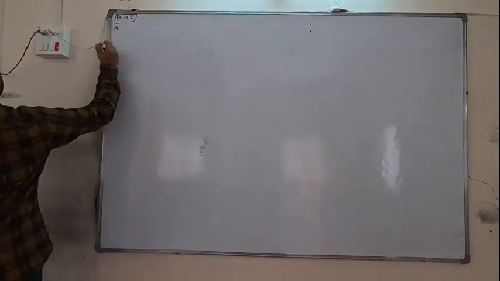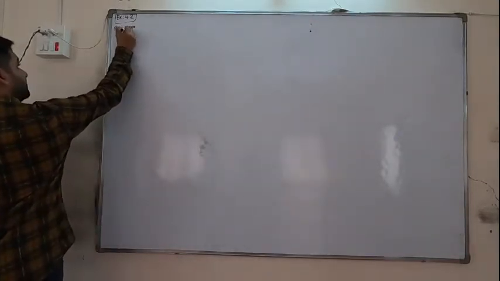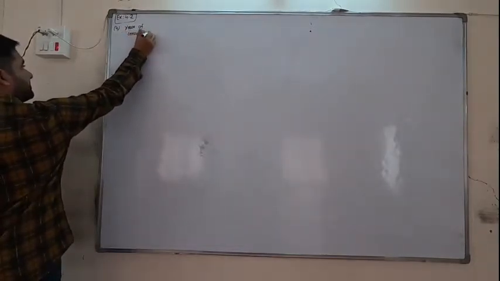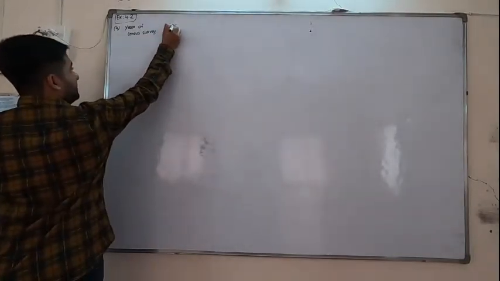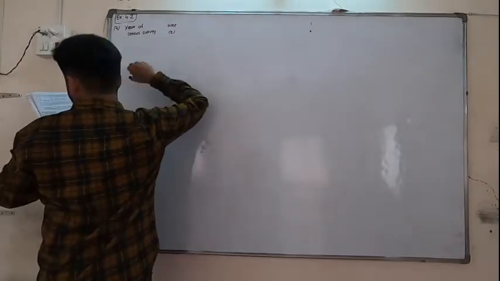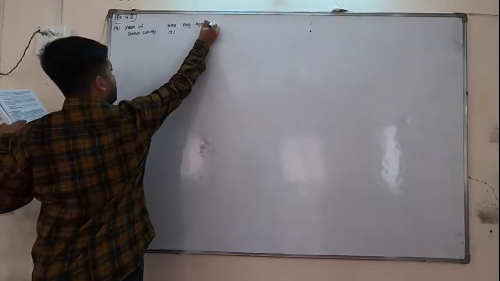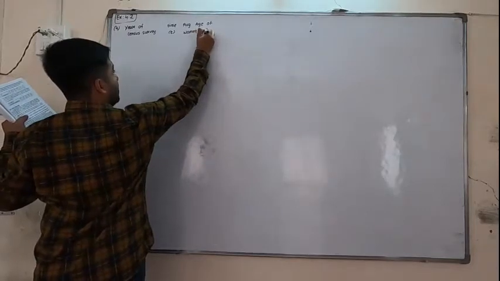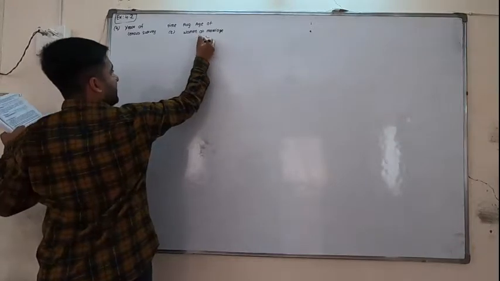Let's go for the last sum of this exercise, that is 4. Year of census survey. Then we need time t. Then we need the average age of women at marriage, that is our y.